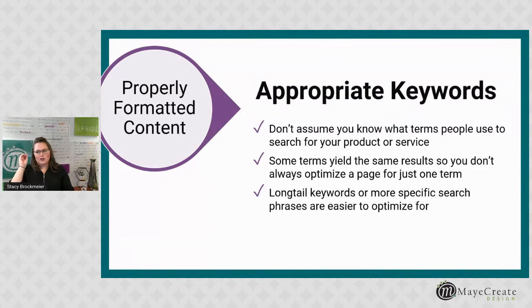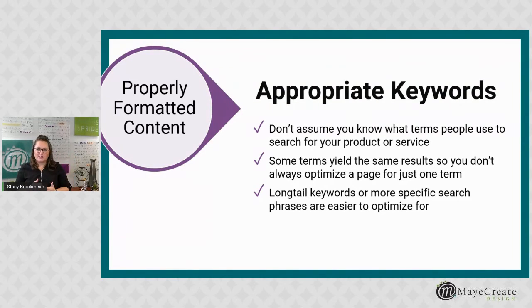Now, Google really likes you to optimize one page for one set of key terms. Some terms yield the same results. So, for example, if I search pizza and I search pizza restaurants, I'm going to get the same thing. If I search gluten-free pizza, I'm going to get recipes.